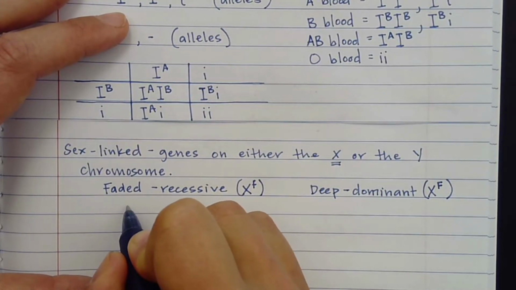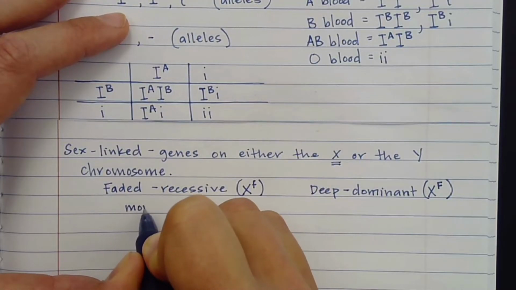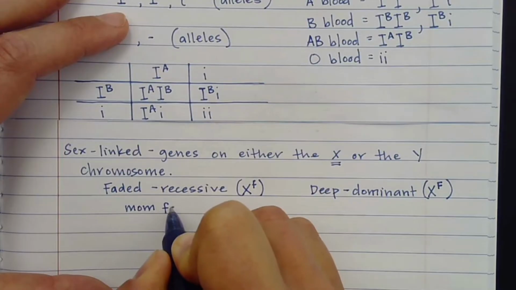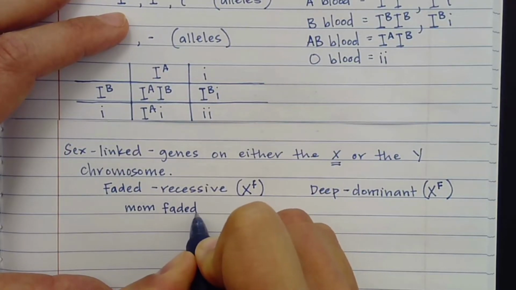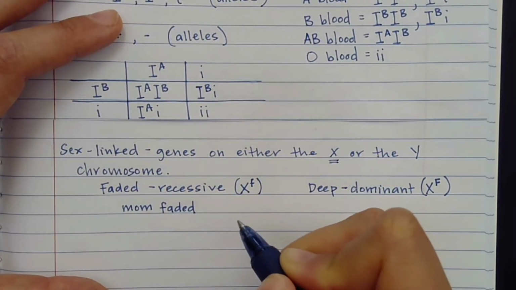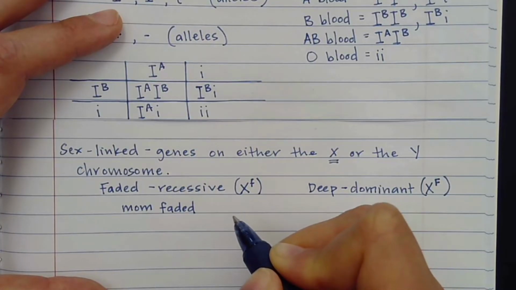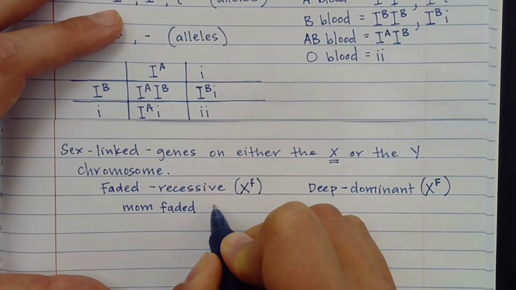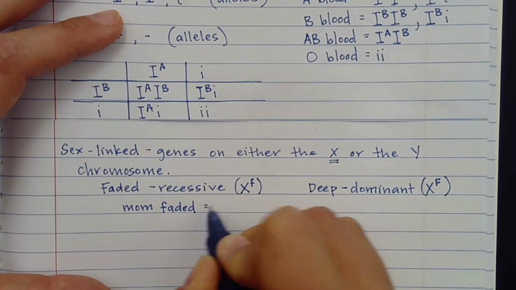If we have a mom that is faded in color, then we know that she has two copies of the X chromosome.